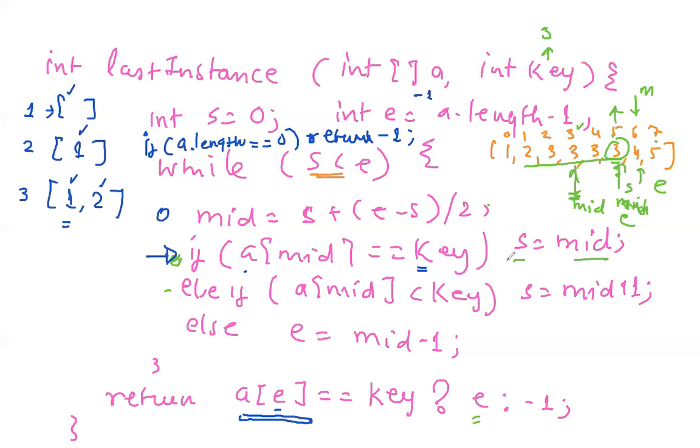So what will happen to S? S will become 0 again because mid is 0, right? You come here, again S is less than E, because it's 0 and 1. Again, 0 plus 1 divided by 2, again 0. Again S equals 0. Again you go here, you go into an infinite loop. That means this code doesn't work for this case.